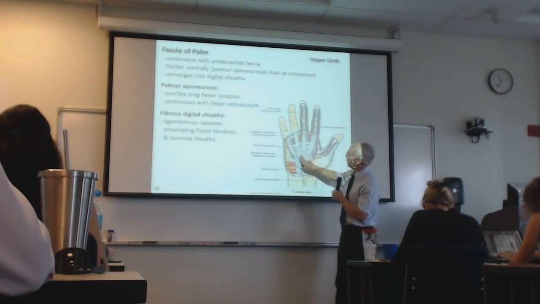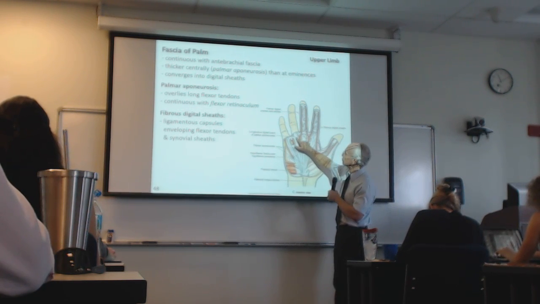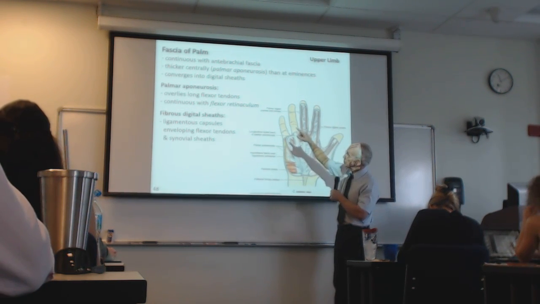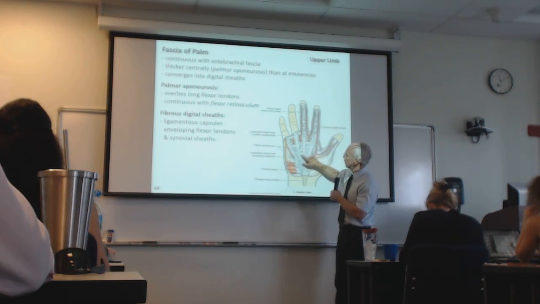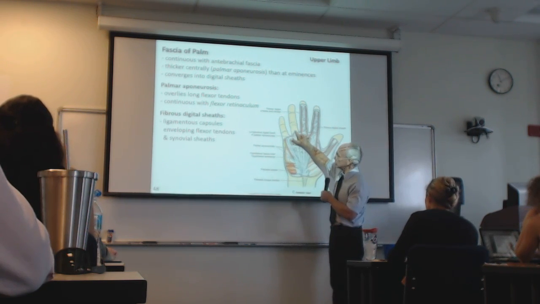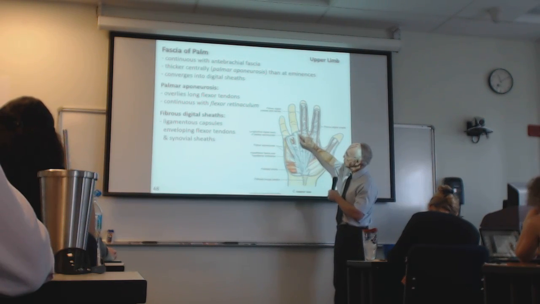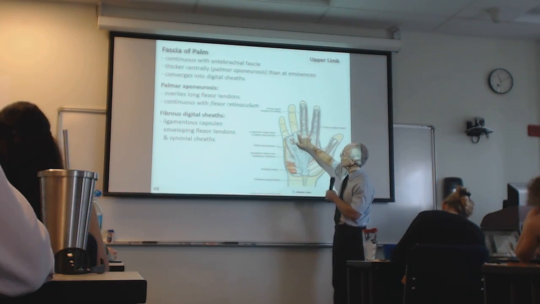Now, the other thing to keep in mind as you look at the aponeurosis here, we saw a picture of this earlier, is that the palmar aponeurosis, here I go with the humerus and the femur again, will give rise to these circumscribing protective sheaths, the fibrous digital sheaths.